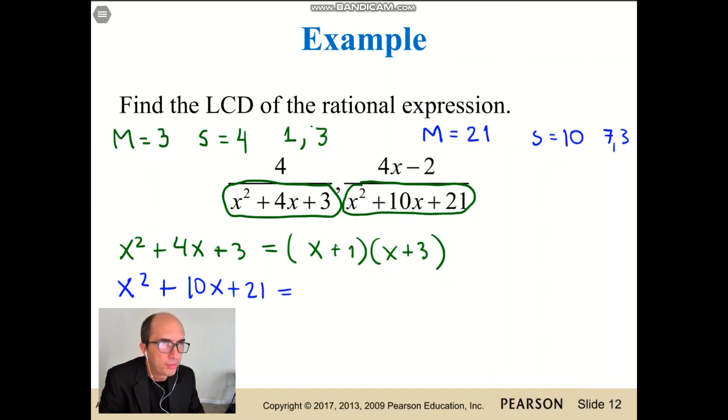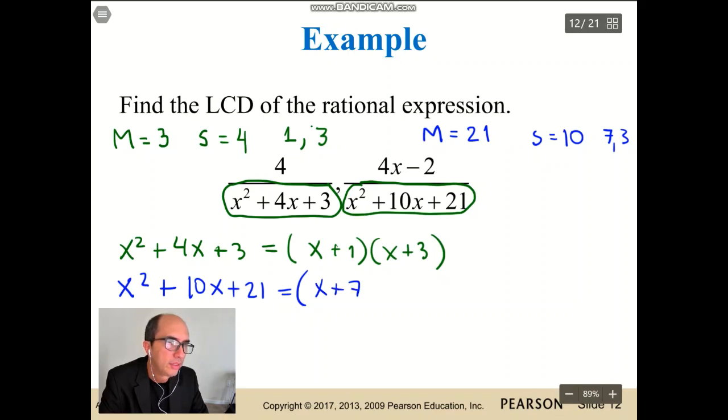And I'm doing this fast because I have been working with these numbers and I can think about this solution faster. But the way this usually goes is you guess two numbers, try, then you adjust and try again, and maybe on the third attempt you're gonna find the couple of numbers that satisfy this condition. Okay, so x plus 7 multiplied by x plus 3.